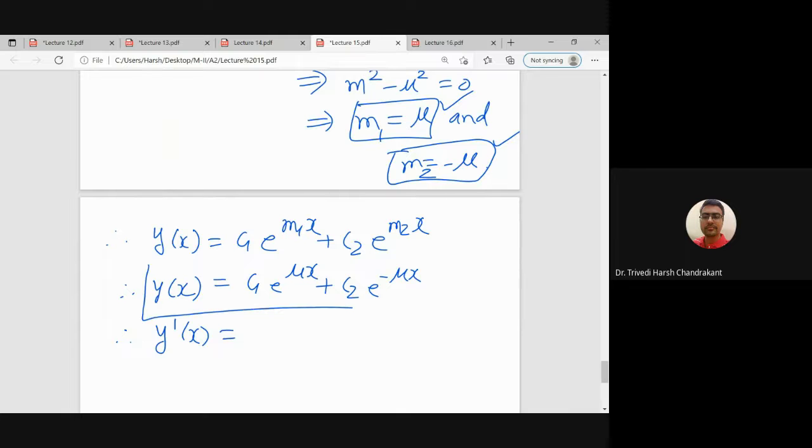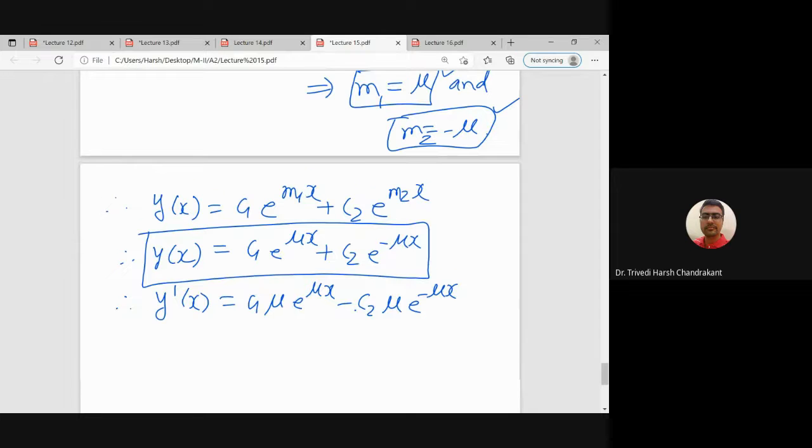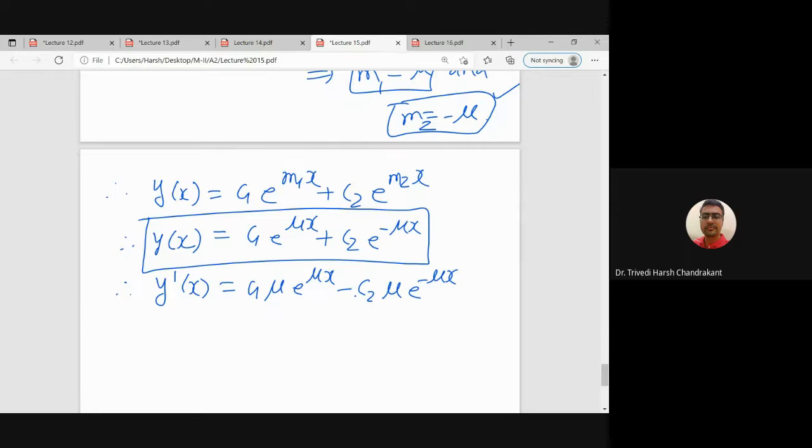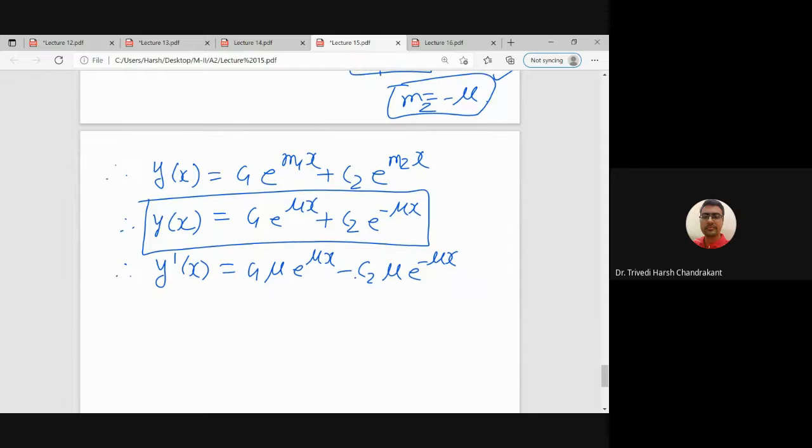The derivative is c1 mu times e power mu x minus c2 mu times e power minus mu x. Just check if I make any mistake, just let me know. So this is our y dash, and the boundary condition is y dash at 0 is 0 and y dash at pi is 0.